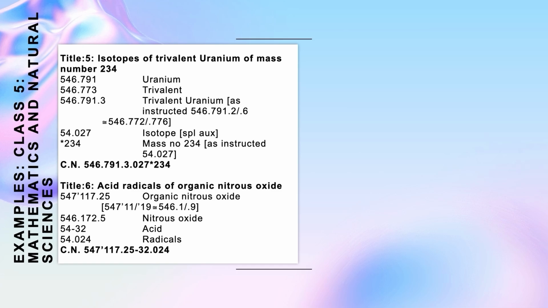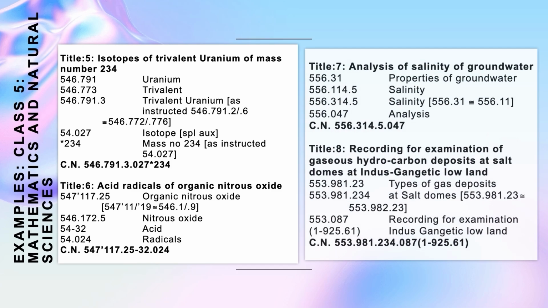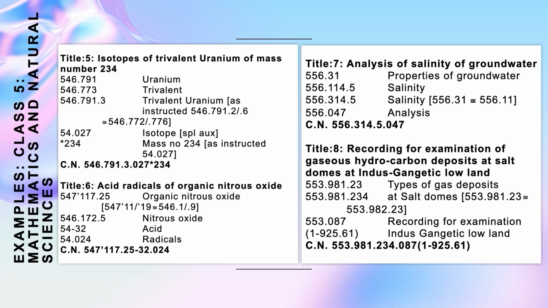Acid is in the special auxiliary of 54, and radicals are also a special auxiliary under 54. So the final number will be 547'117.25-32.025.